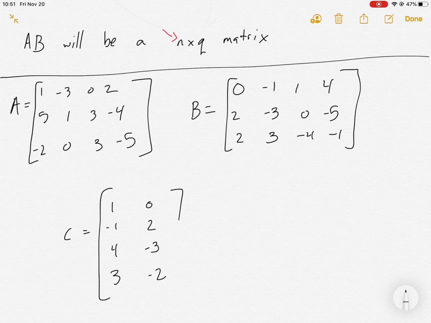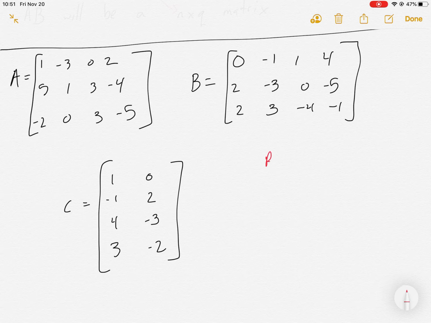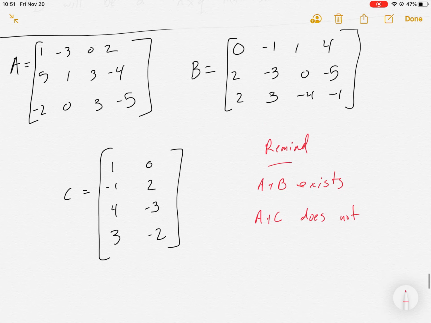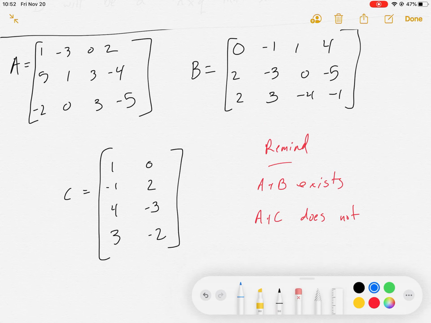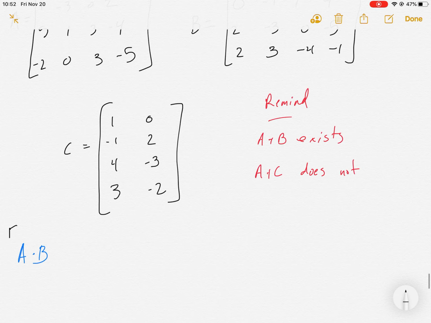Okay. Now remember, when we looked in the adding and subtracting videos, we said that A plus B, so just as a quick reminder, A plus B exists. We actually found out what that was, but we couldn't do A plus C. But now, notice that if I try to do A times B, let's call this example 1, I guess.